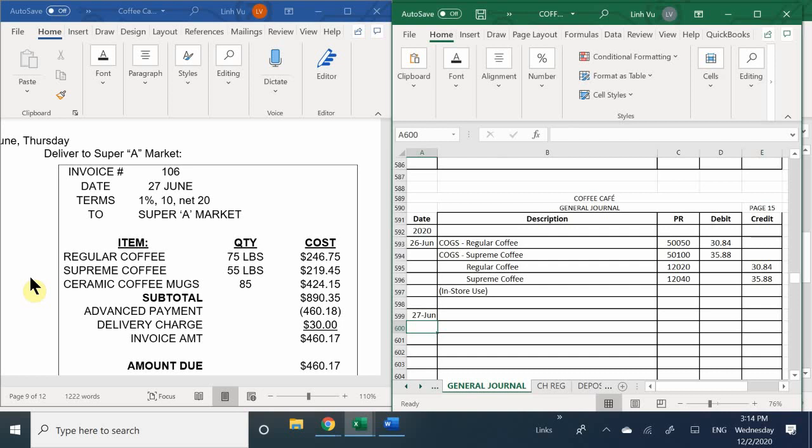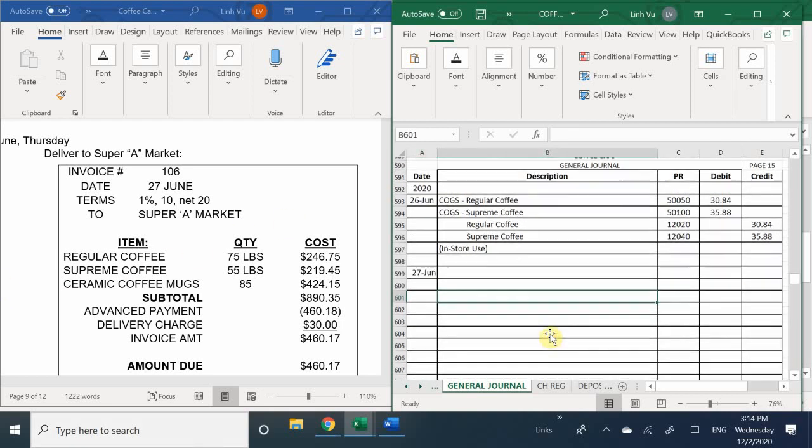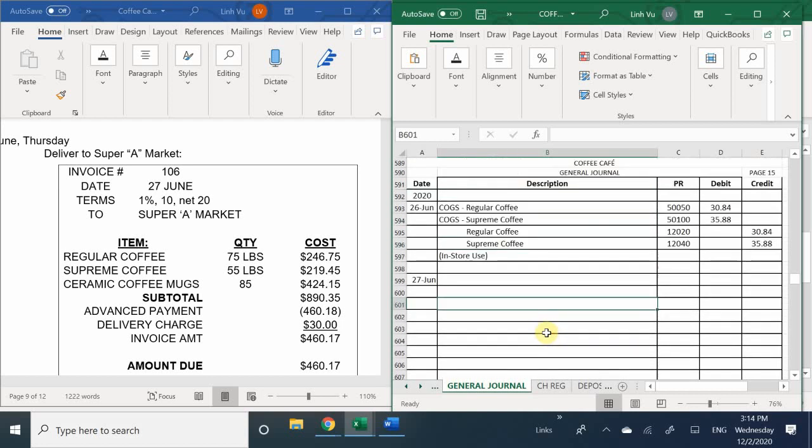So, let's see here. I am going to do accounts receivable. Okay, correct. And that is account number 11,000.